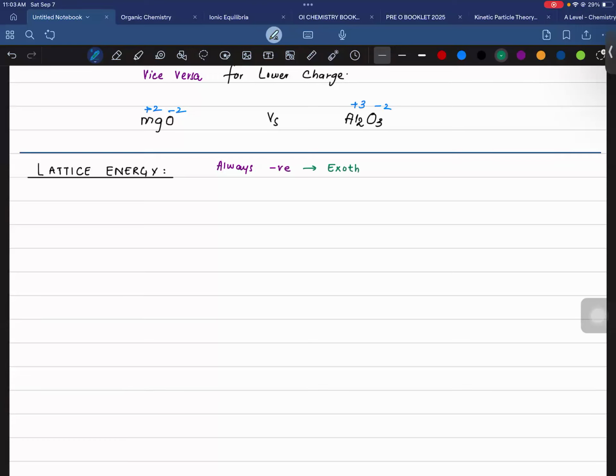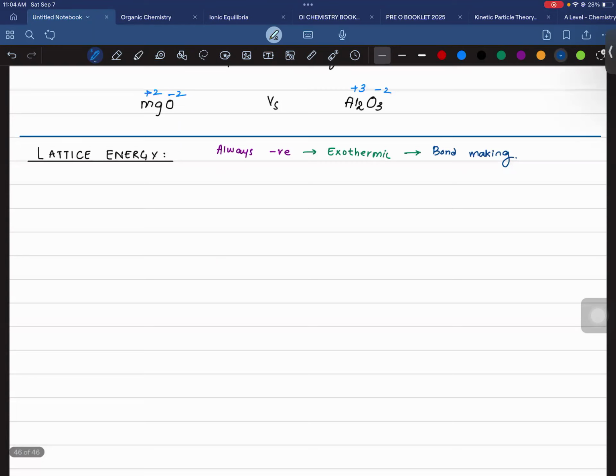Why? Because this is bond making, and bond making is exothermic. I'm using the word always because some processes may be exo or endo, so we have to specify those processes which are always exo or always endo. There is a difference between them.